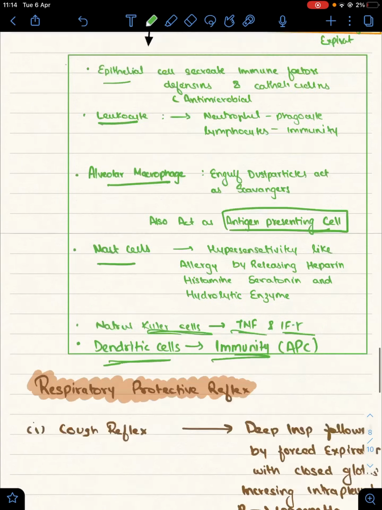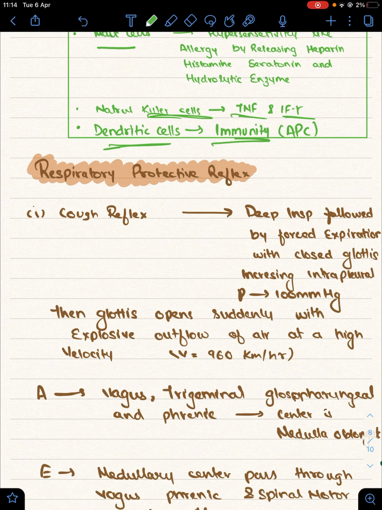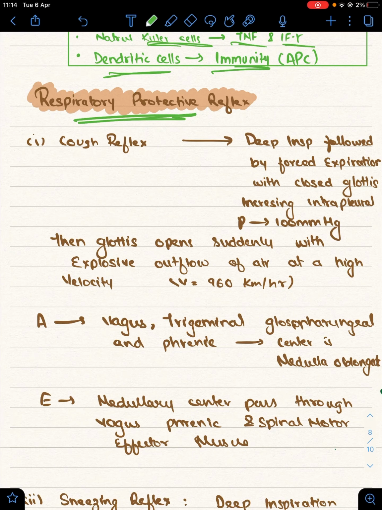So after that, respiratory protective reflex, as we know, cough. It is interesting to know about the cough reflex. In cough reflex, there is a deep inspiration which is followed by forced expiration, with a closed glottis. Because of the closed glottis, there is increased intrapleural pressure, which gets as high as 100 mmHg.